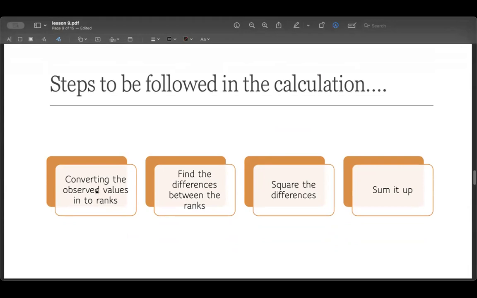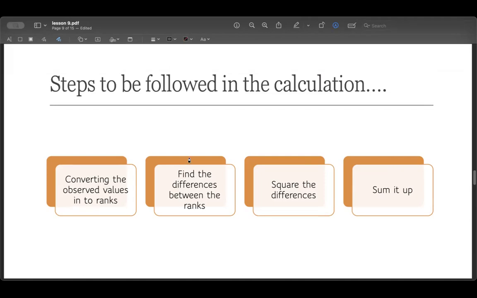First, we need to convert the observed values, the original raw data set, into ranks. Then we need to find the differences between the ranks.